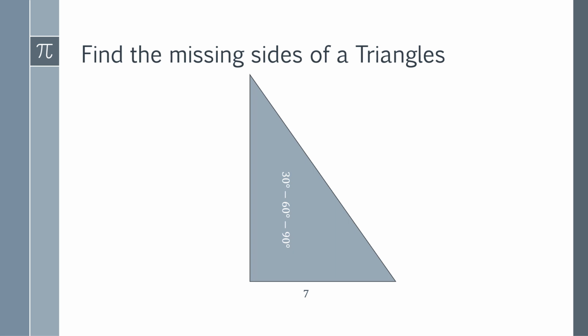So if I double 7, I get 14. The long leg of this is going to be the short leg times the square root of 3. Alright? And I just know this from laws.